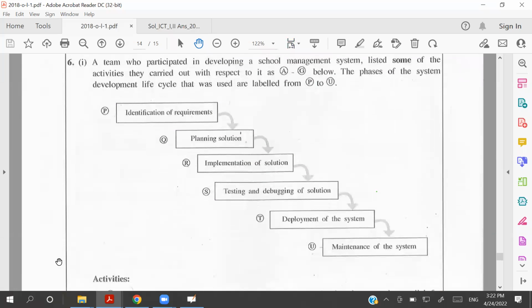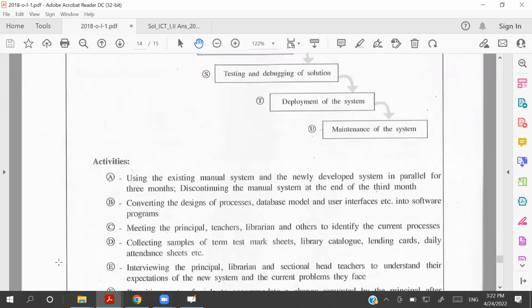It is asked PQRSTU. Using the existing manual system and the newly developed system in parallel for 3 months, discontinue the manual system at the end of the 3rd month. It is a deployment method, right? How to install it. So this will give you the T with A. And converting the design of process, database model, and user interface, etc., into a software program.